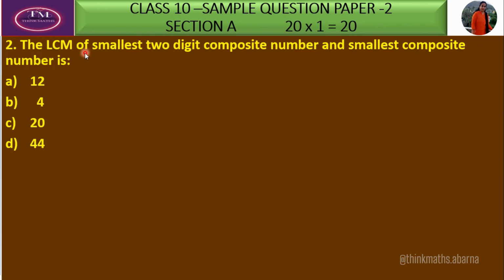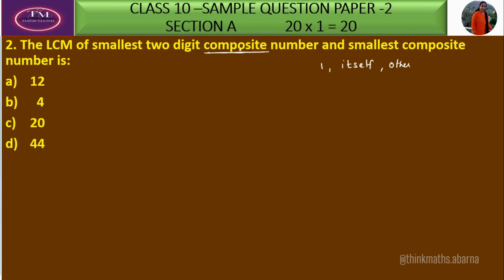The LCM of the smallest two-digit composite number and the smallest composite number. So what do you mean by composite number? A number divisible by 1, itself and other numbers is called composite.